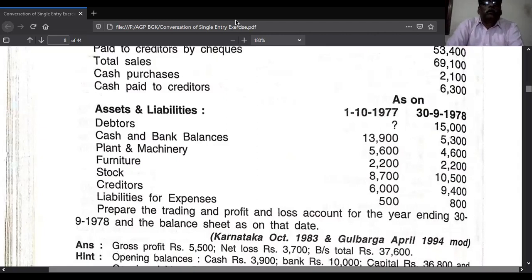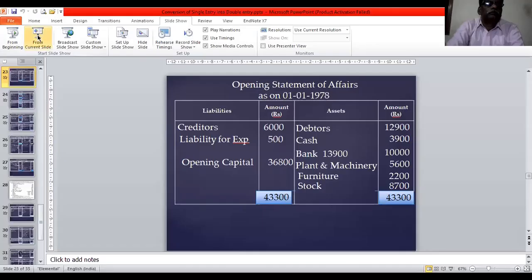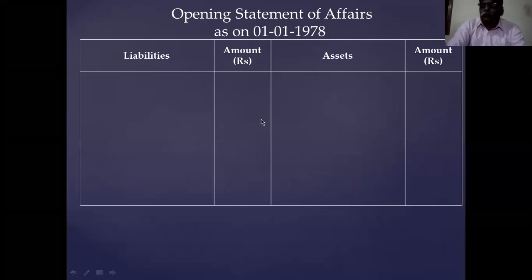Okay. Now we see the accounts. Opening statement of affairs. In this statement of affairs, you have to make entries related to the opening balances of assets and liabilities.